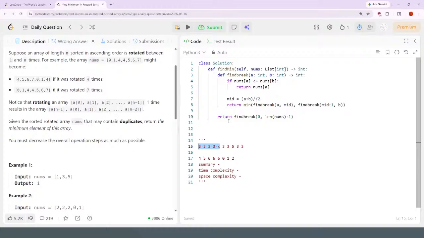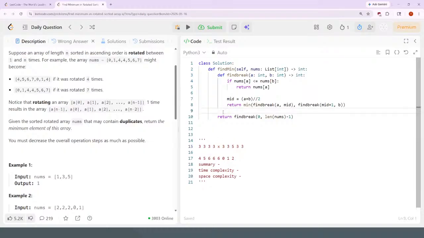So is it the case that if the first and last are the same, and I haven't seen something higher, then I can't assume the things inside it are the same, so therefore I have to recurse.